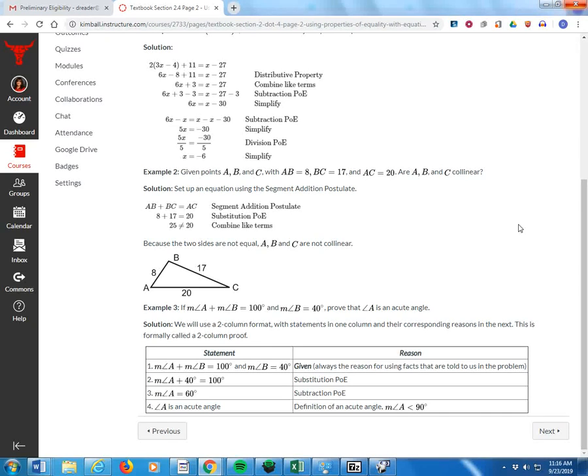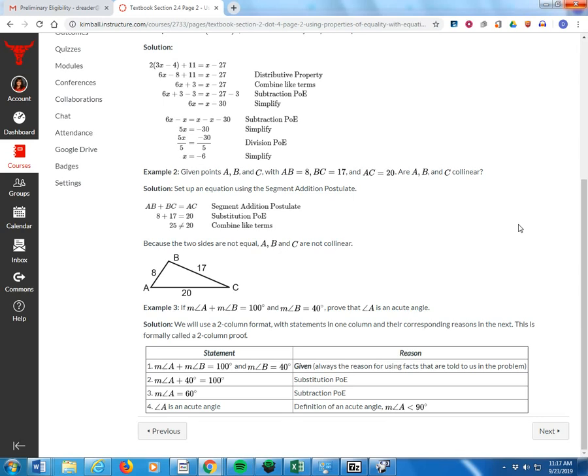Some of the proofs that we'll get to when we get to similar triangles, that chapter, aren't going to be as intuitive to just do in your head. So being able to order your logical statements and write them down and put your reasons is going to be a really important skill. And that's why we're taking it slow in this chapter. We're making you write out how to solve an algebraic equation, how to do something simple like this proof.